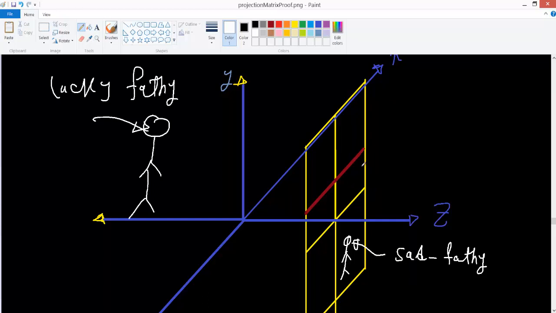Okay, now how does this relate to our overview of the homogeneous coordinates? Suppose we are inside this plane here and we have some 2D points. Suppose we have the point, for example, 1, 2. So this point is move 1 in the x direction and then move 2 in the y direction inside this plane.